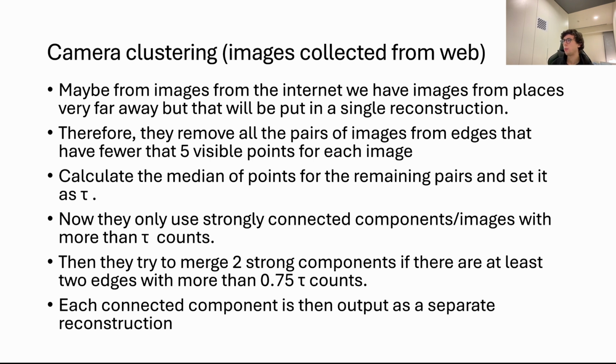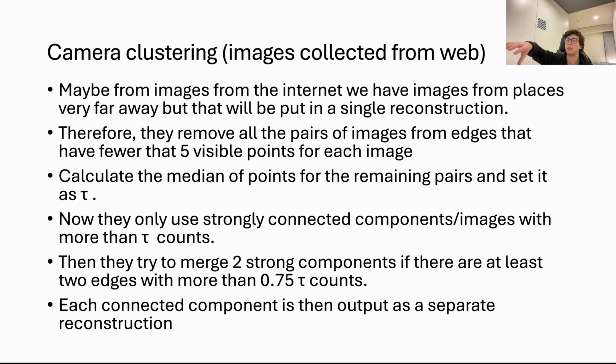They start from the initial graph, and they remove all the pairs of images from the edges that have fewer than 5 visible points for each image. And then they calculate the median of points for the remaining pairs and set it as t. Then they only use strongly connected components, or images that have more than t counts, so they only create a cluster if it is connected with more than t counts.